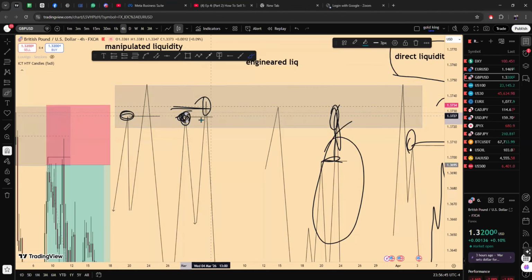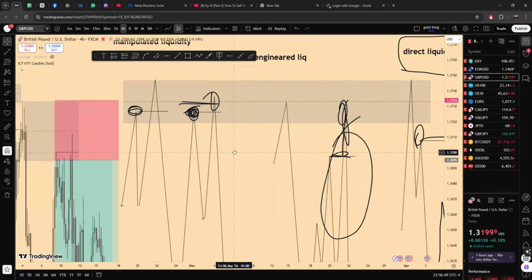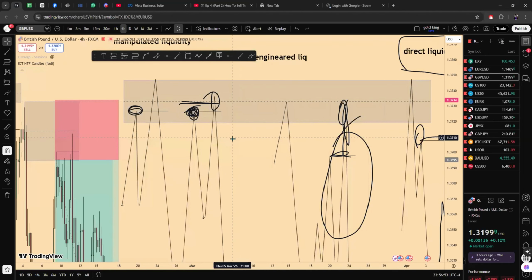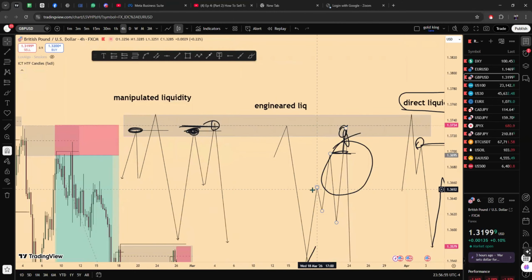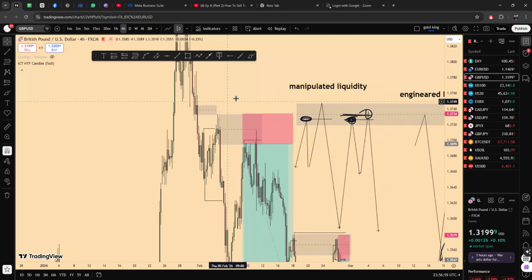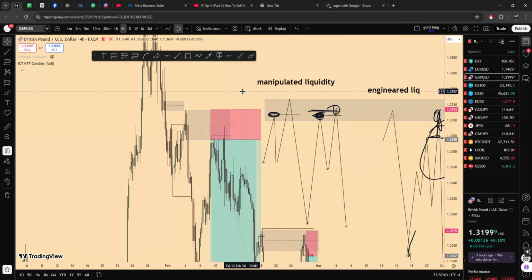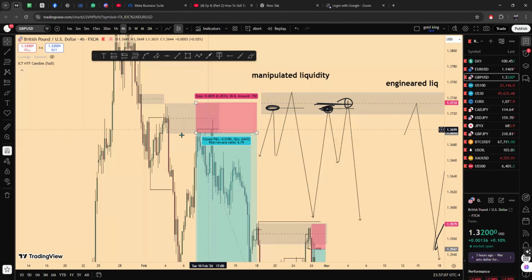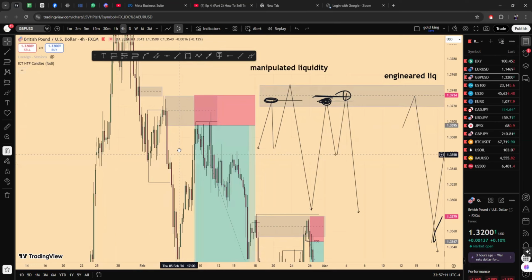Remember, it is very rare that the market will just move so smoothly like that without triggering other participants in the market. It's very rare to see it. Even if you see it, there's maybe a lower time frame where that probably happened. Now, in this case, we had price still stop holding this high to move lower.